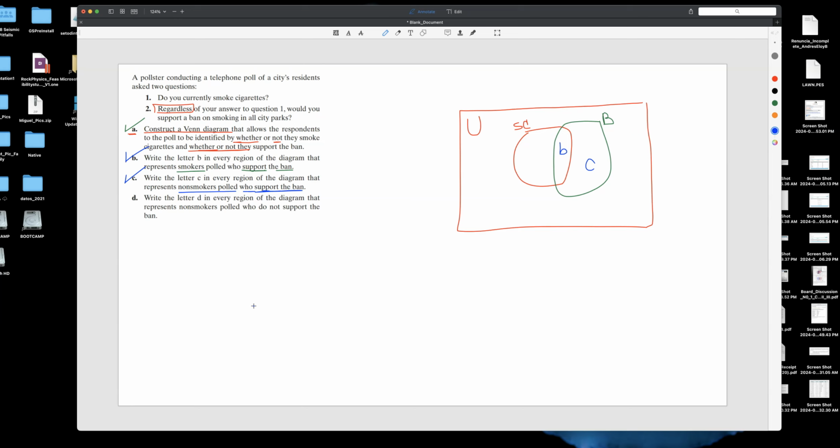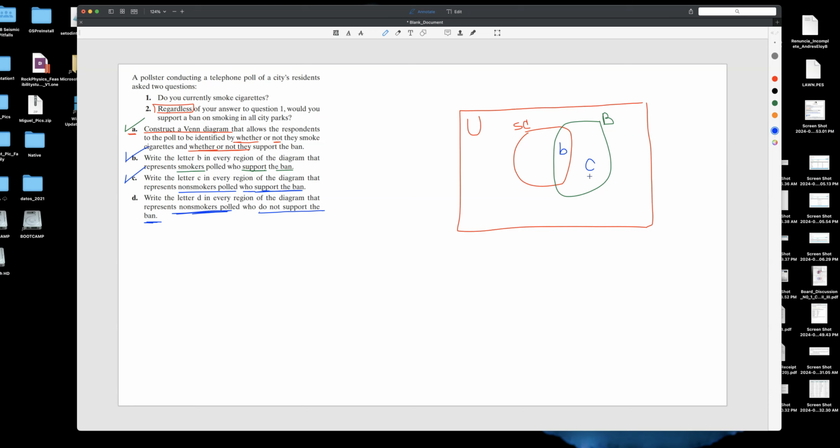Let's go with the last one, D. Write the letter D in every region of the diagram that represents non-smokers who do not support the ban. Non-smokers means it cannot be in the smoker set, and they do not support the ban, so it cannot be in the ban set either.